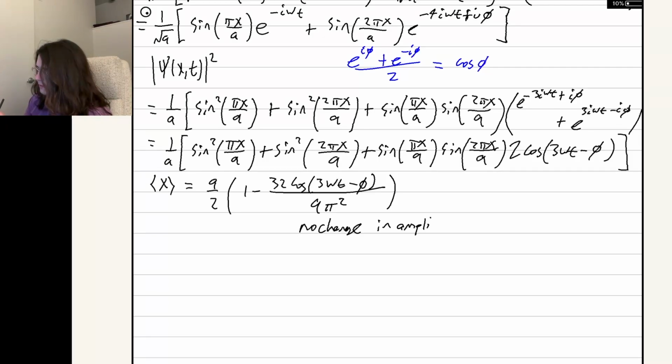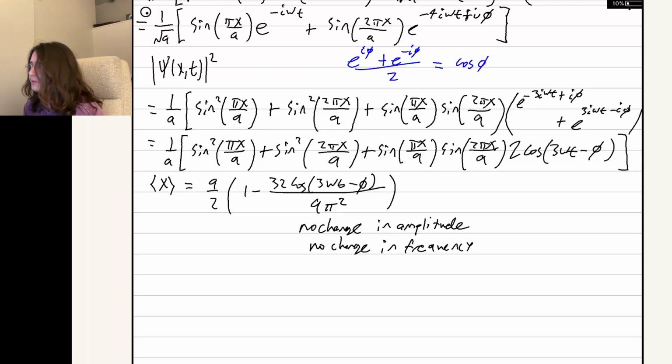None of the constants outside of the cosine function changed. There's no change in the frequency, because the constants on the t inside the cosine function are all the same. It's still just 3 omega. But there is a change in starting value.